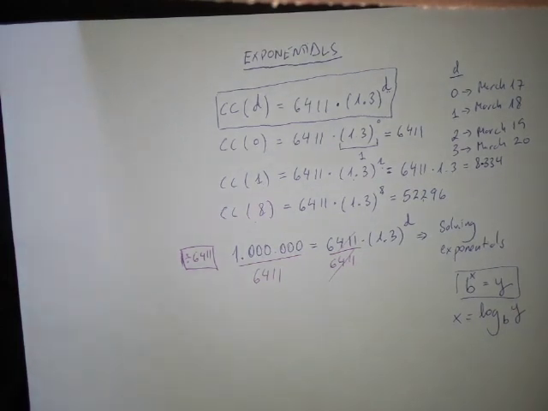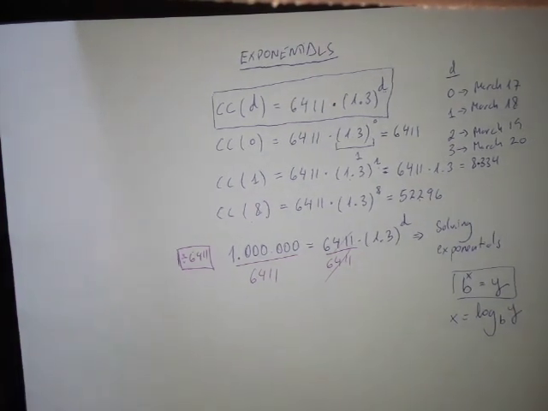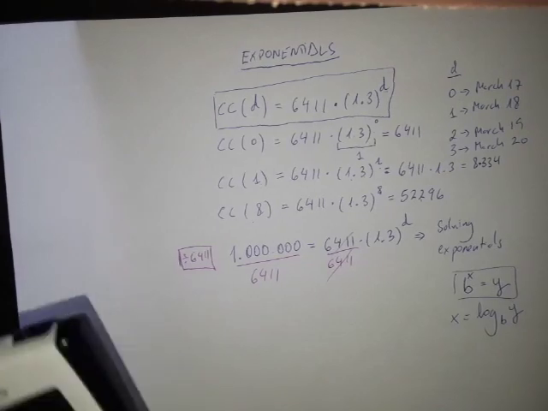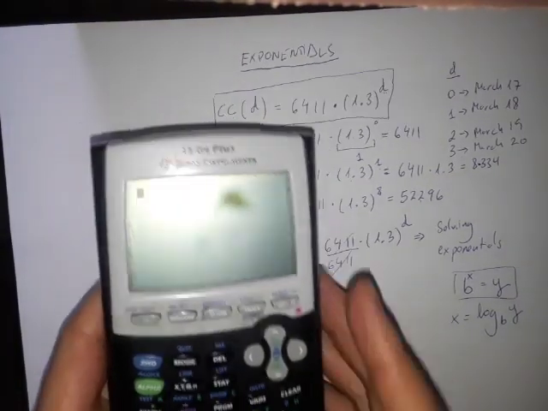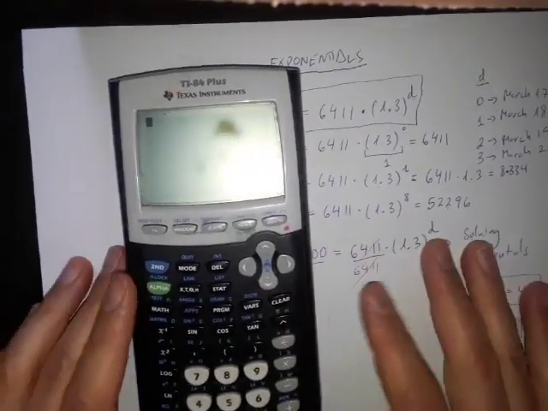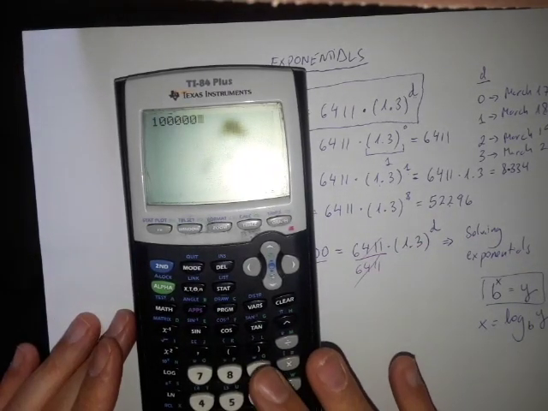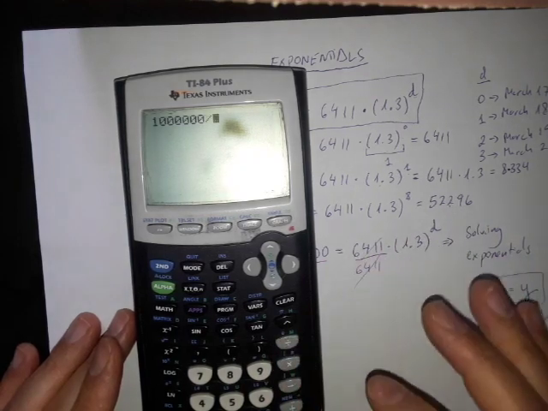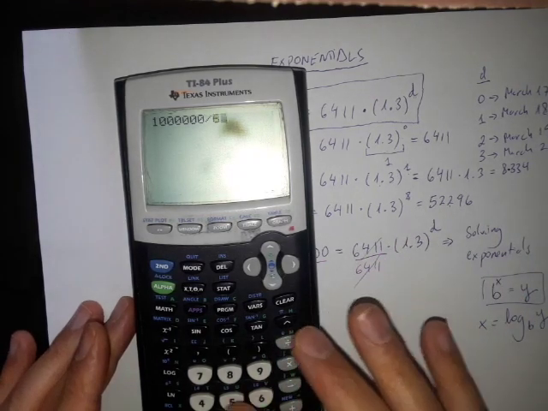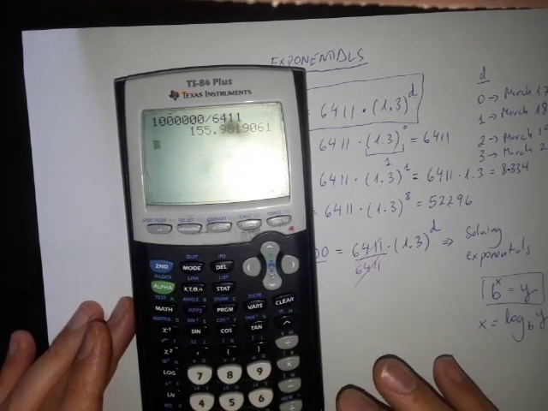And then we're going to have on one side of the equation 1,123,123 over 6,411.